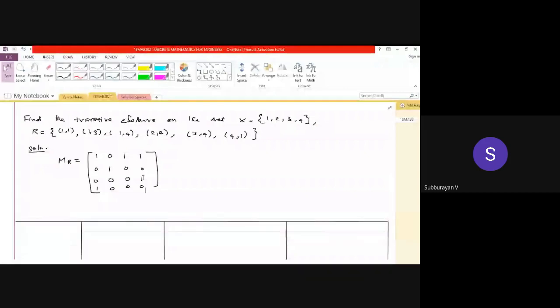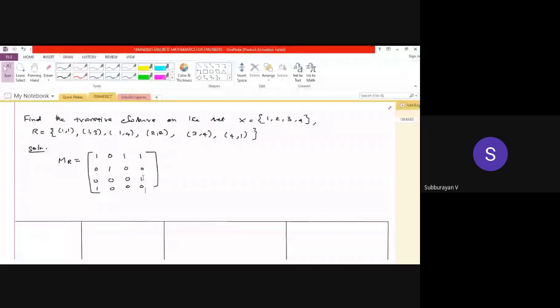Very simple. You first construct the matrix representation of the given relation. Then first consider the first column. Then collect all the positions of non-zero entries. For example, in this matrix, in the first column, the first row and fourth row are non-zero, so 1, 4. Then in the first row, there are 3 non-zero entries: first place, third place, and fourth place.